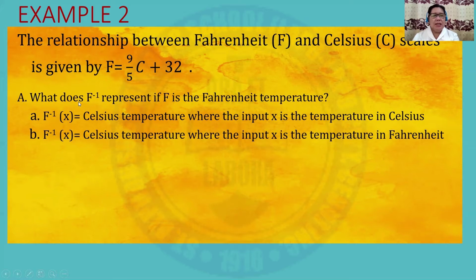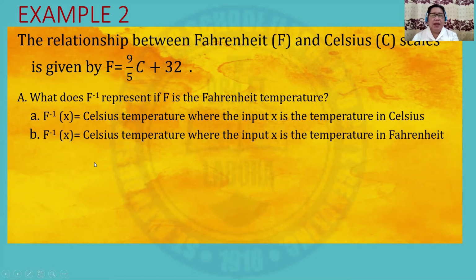What does F to the -1 represent if F is the Fahrenheit temperature? Is it A, F to the -1 of X is equal to Celsius temperature, where the input X is the temperature in Celsius? Or B, F to the -1 of X is equal to Celsius temperature, where the input X is the temperature in Fahrenheit?